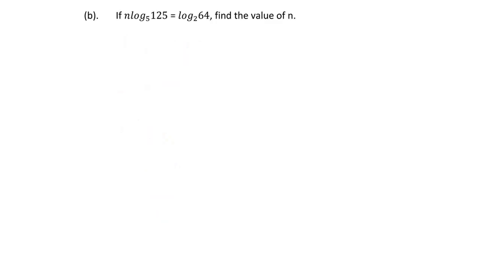For part B, if n log 125 base 5 equals to log 64 base 2, find the value of n. Okay, so let us first express the numbers in exponential form for both sides. Then our equation is going to be n log 5 power 3 base 5 equals to log 2 power 6 base 2.